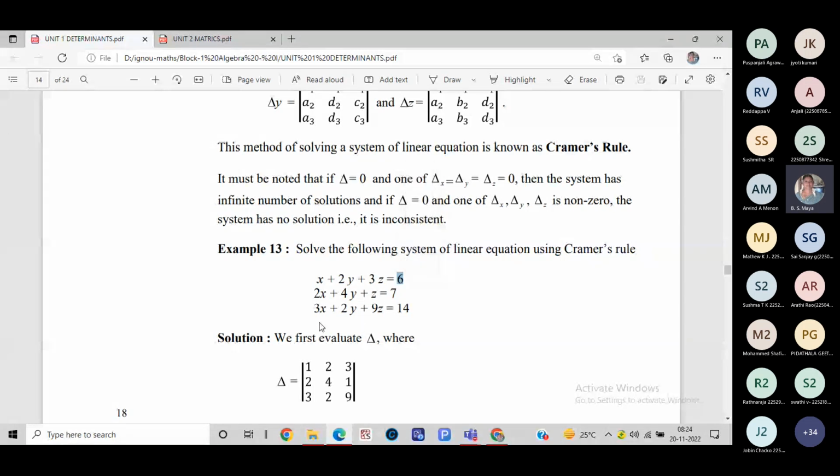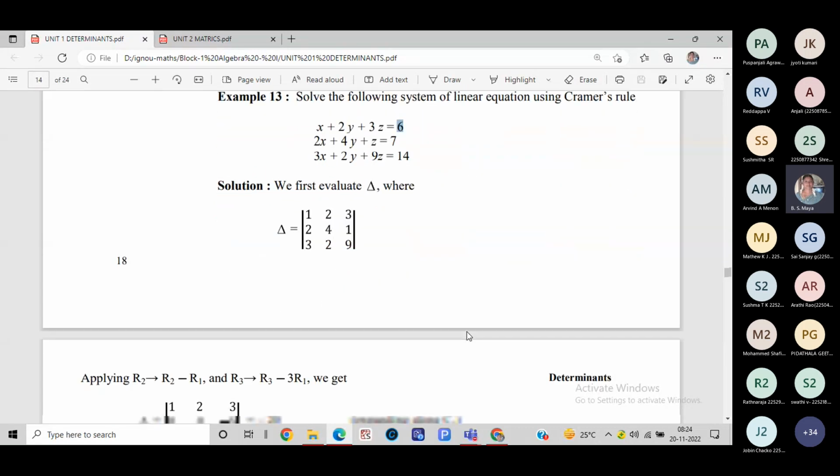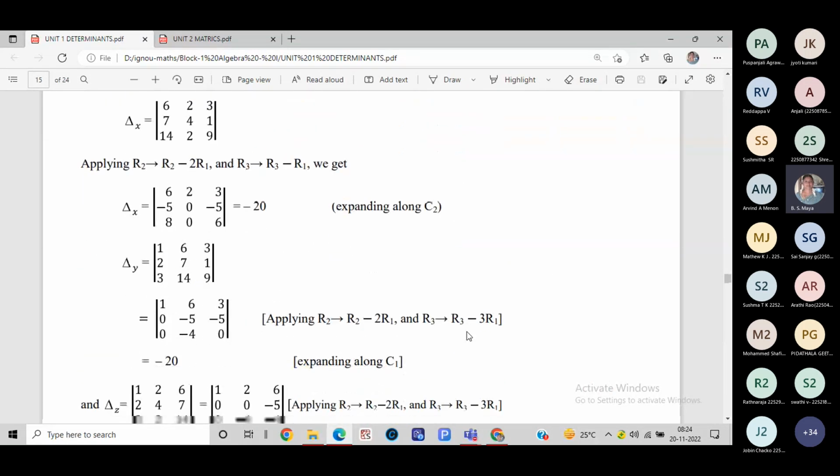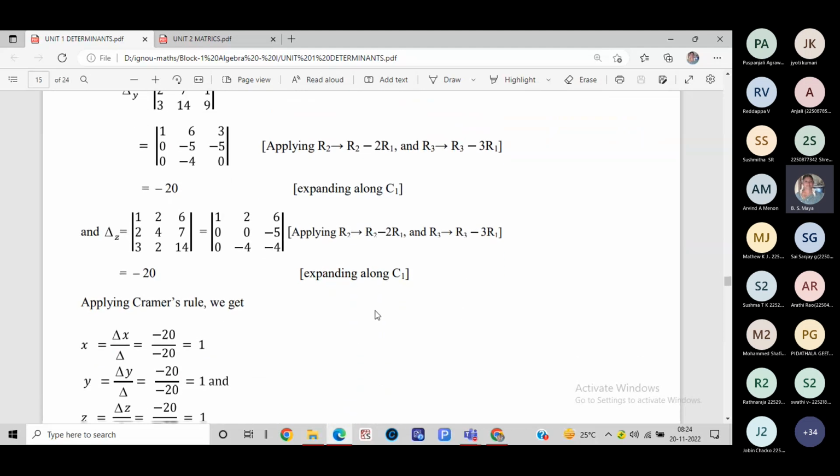This is not 0. 3x plus 2y plus 9z is 14. Means 6, 7, 14. In that place, if we have 0, 0, 0, then it is called a homogeneous system. But these three equations are not homogeneous because there is no 0. That is a non-homogeneous equation. For a non-homogeneous equation also I got one solution, so then it is consistent.